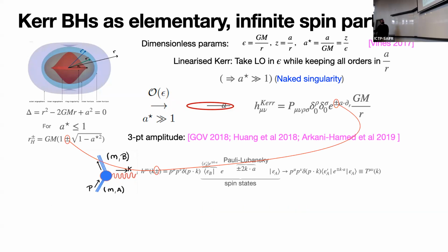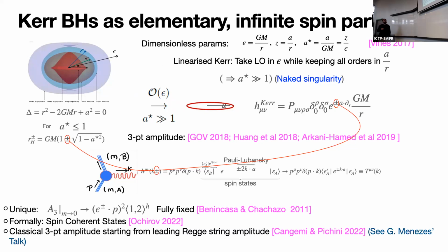But then from an amplitude description, you start to make some sense of this sign that appears in the Kerr metric, the helicity of the graviton here. This amplitude, in fact, is very constrained and is unique.